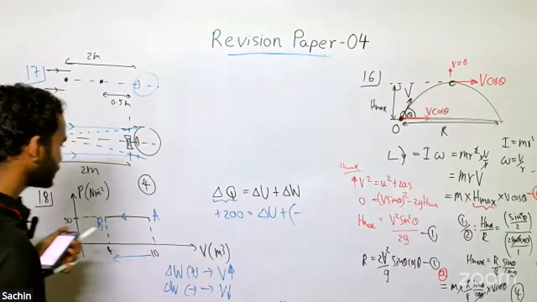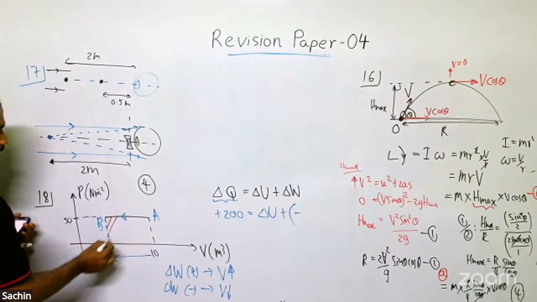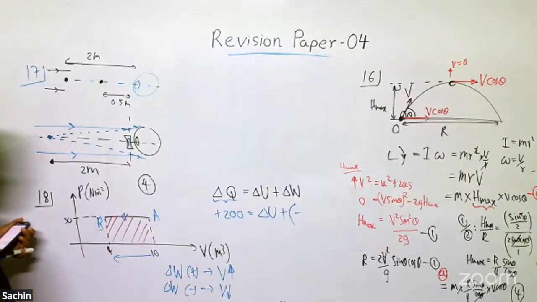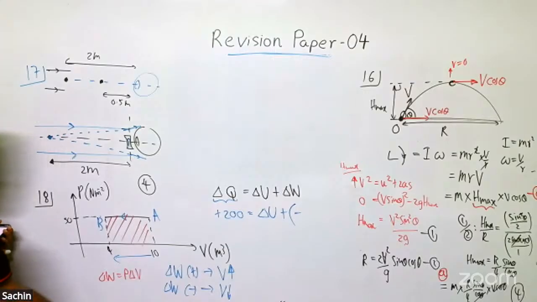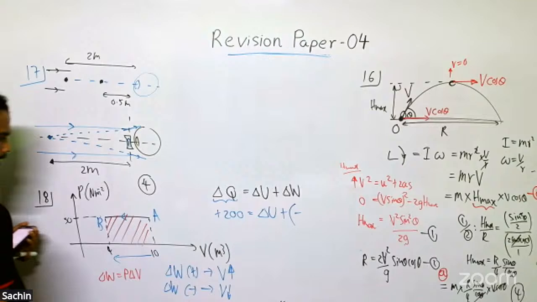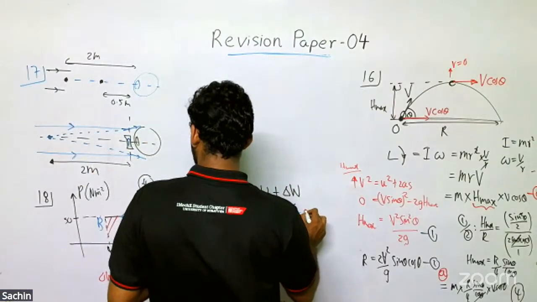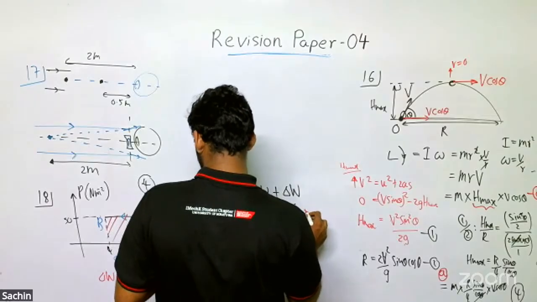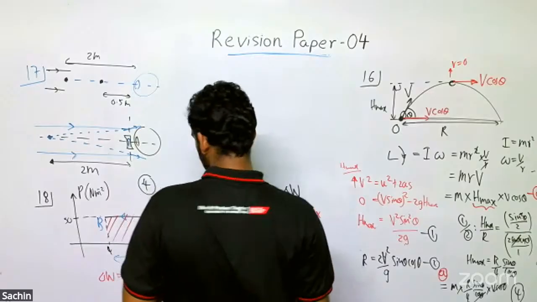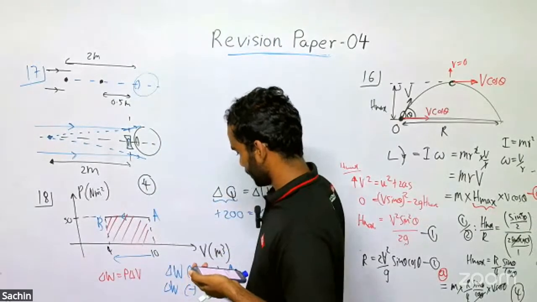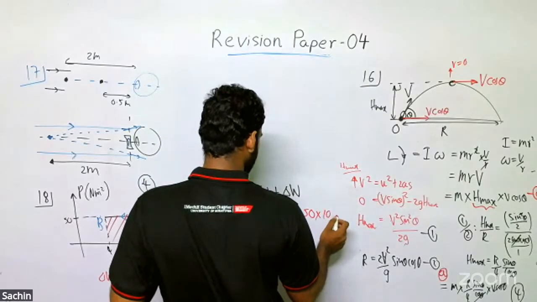And how to calculate the value? When you have the PV diagram, the work done is nothing but the area under the graph, or else you can calculate the work done by P delta V. So when you calculate the area, the pressure is 50, and the change in the other dimension is 10 minus 4, that is 6.